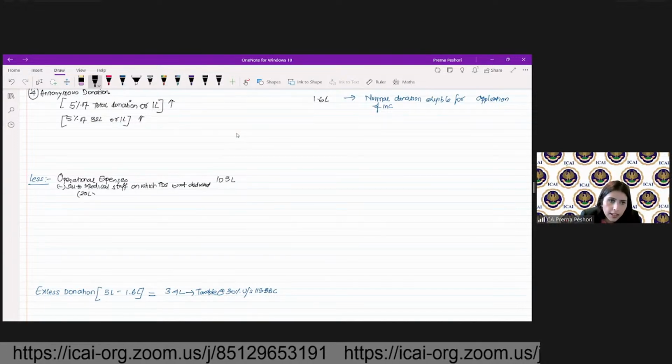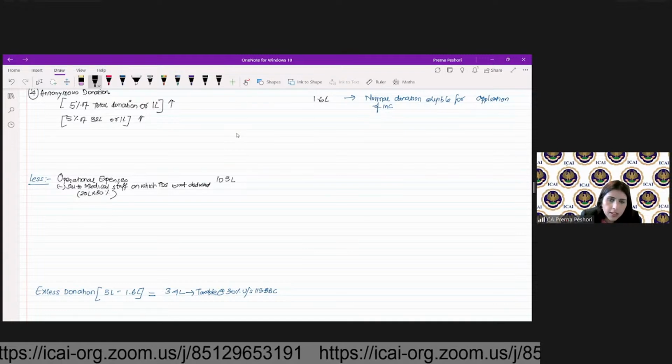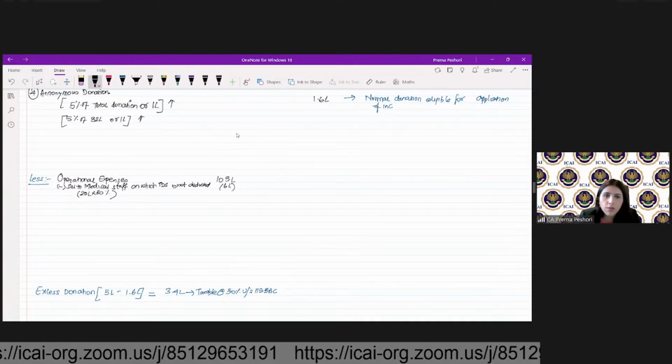So 20 lakh into 30%, 6 lakh I will not allow.